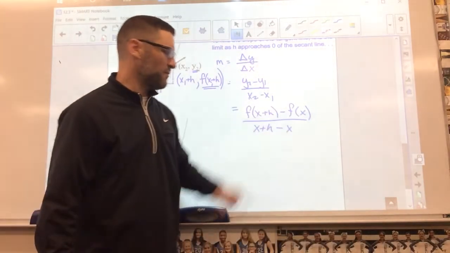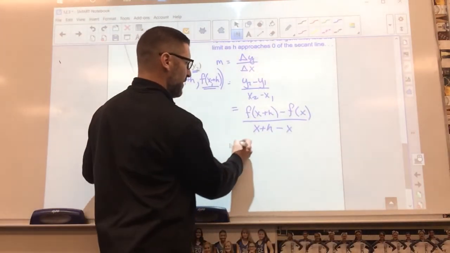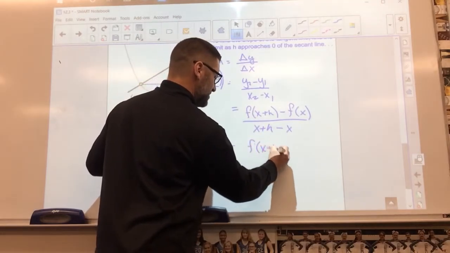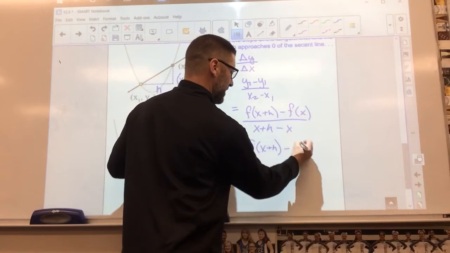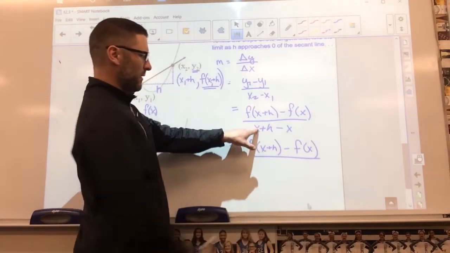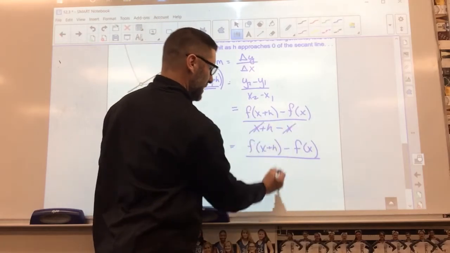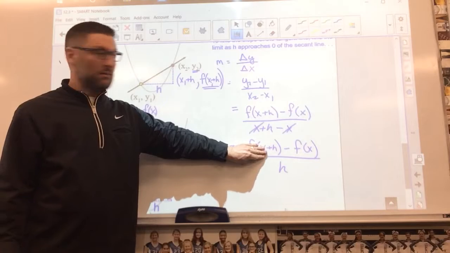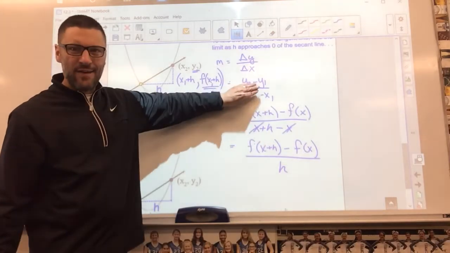I could have little subscripted ones in here. And let's simplify. The top becomes f of x plus h minus f of x, all over, well, the x's cancel out, and I'm left with h. And that formula is another form of that formula.